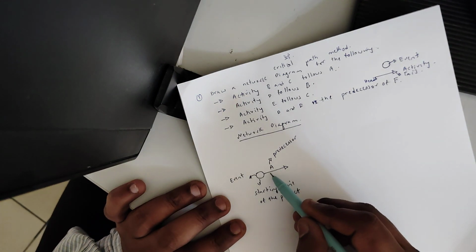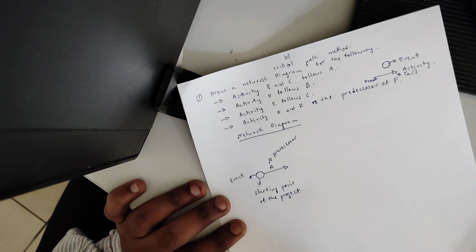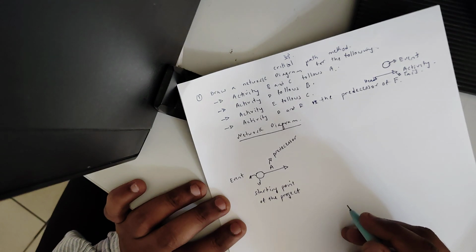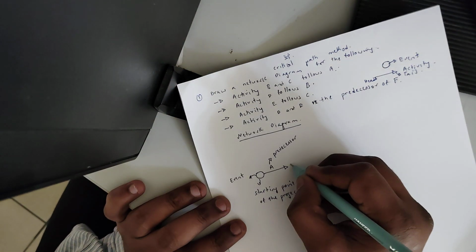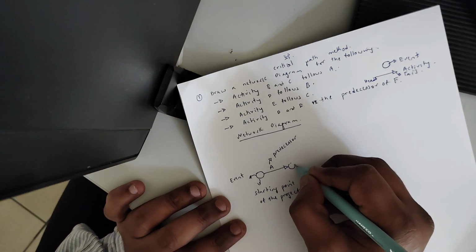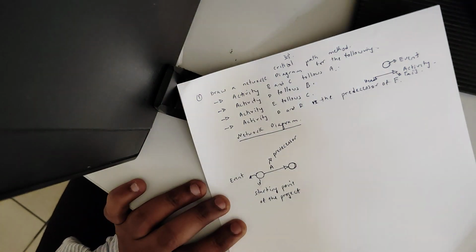If activity A is completed, then only we can move to activity B and C. If the first activity is completed, that indicates the first event is completed, so we move on to the second event.